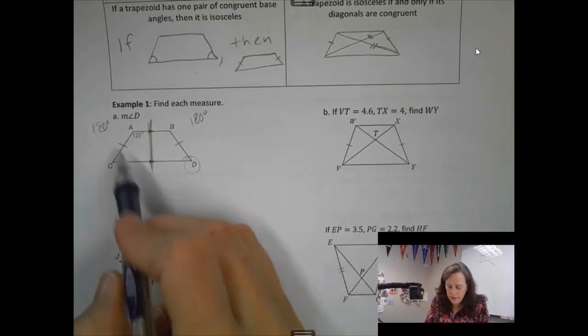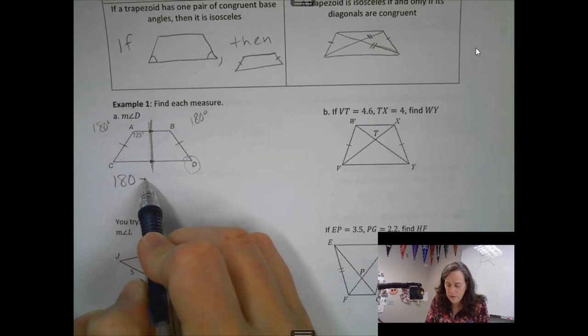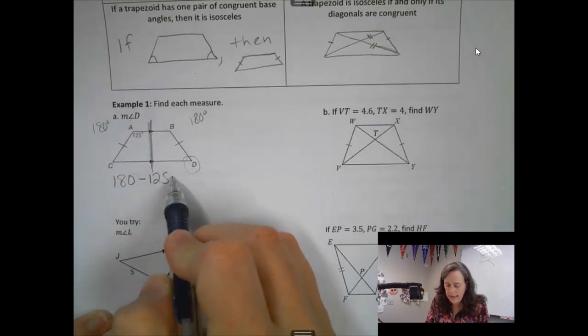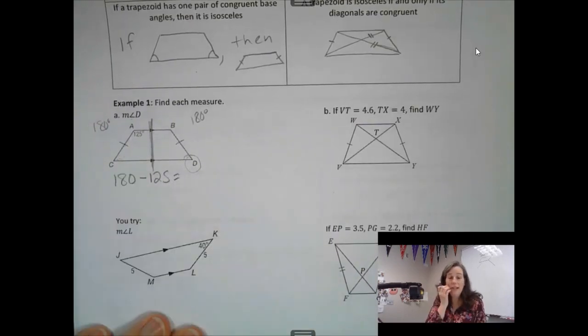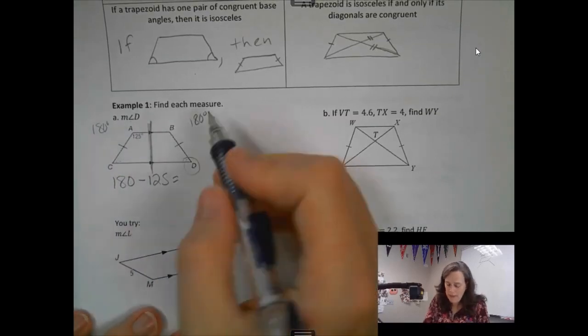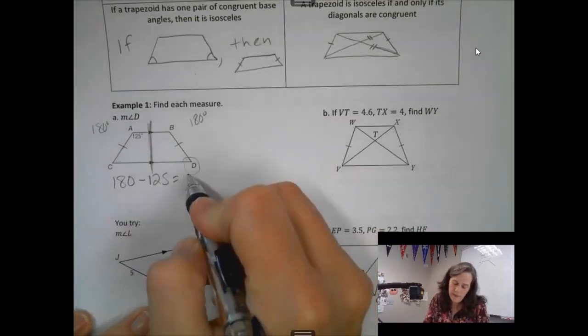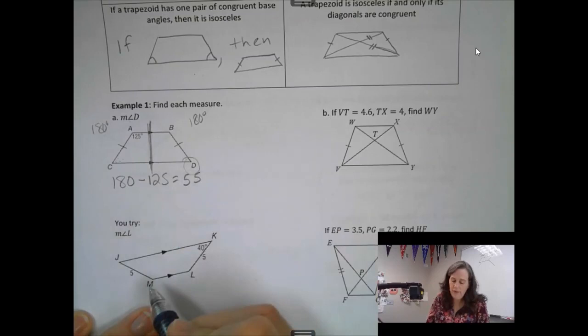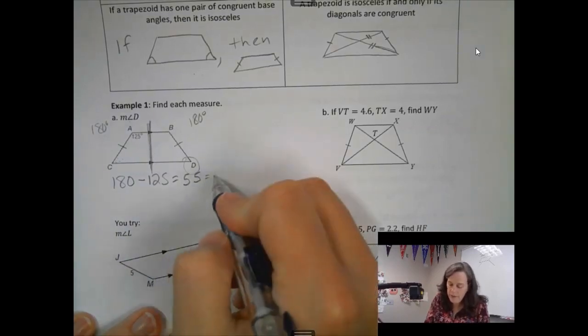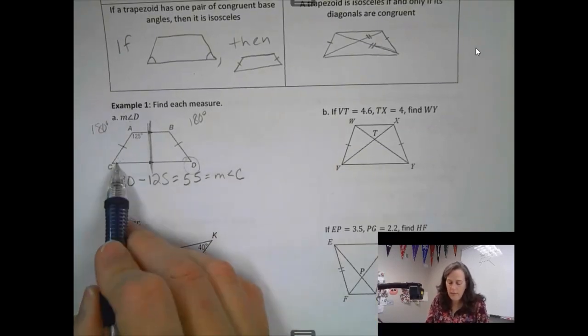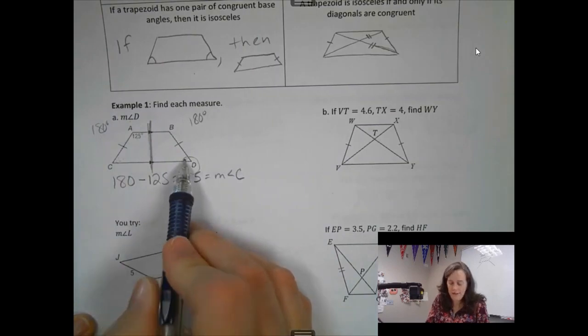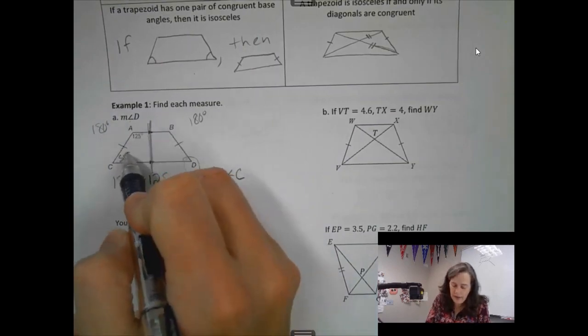So if it's 180 over here, we'll subtract 125 to find out what's left for C. And 125, so that is 55 is left for C, measure of angle C. But then we wanted D. So this guy's 55.